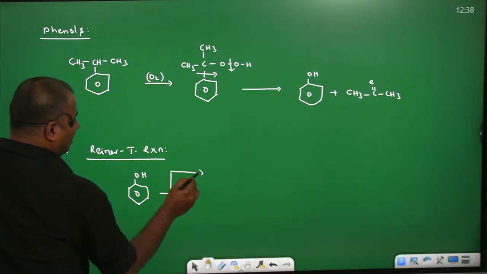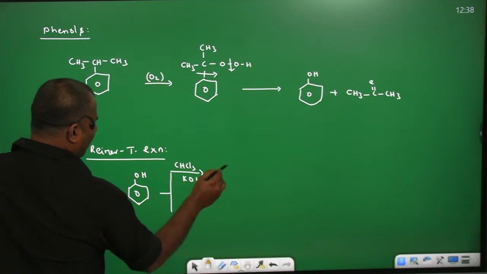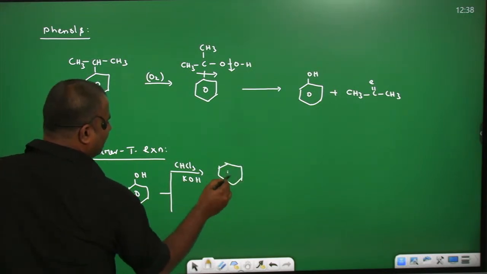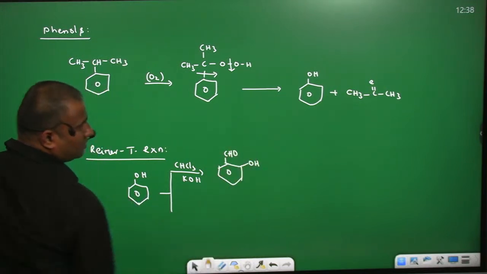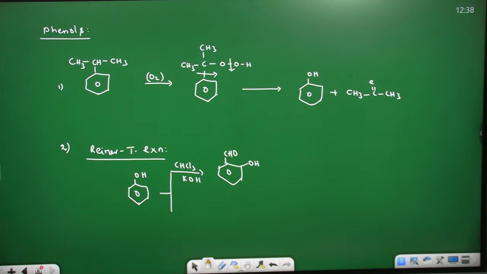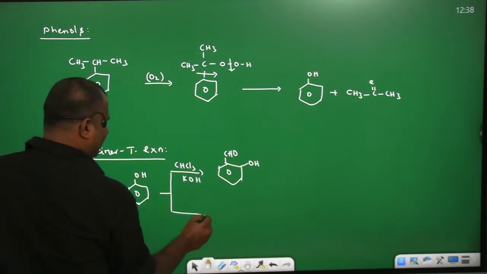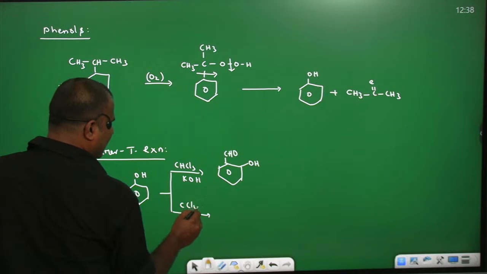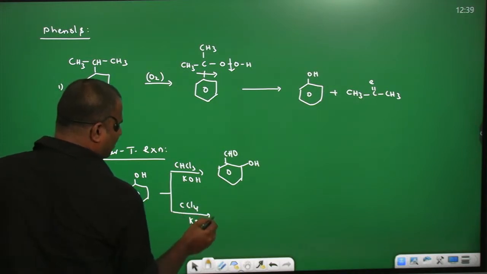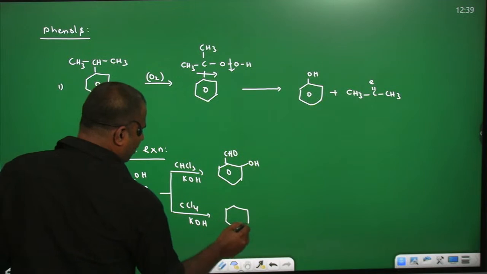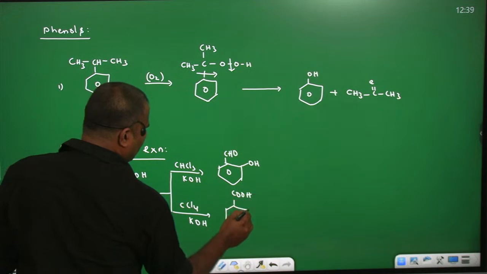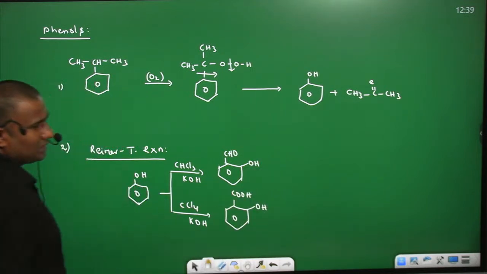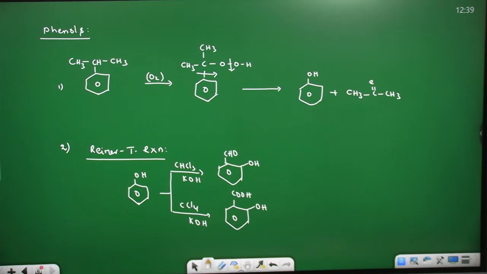Possibility 1, by treating with chloroform in the presence of KOH, we are going to get salicylaldehyde, CHO, OH. By treatment with carbon tetrachloride, CCl4, in the presence of KOH, you can get salicylic acid, COOH, OH.